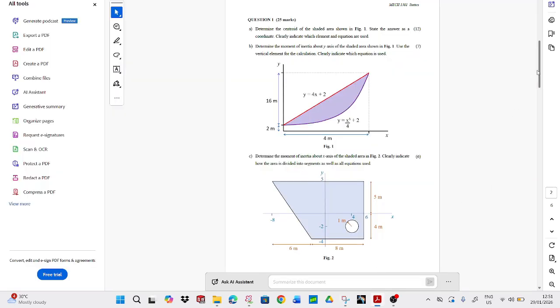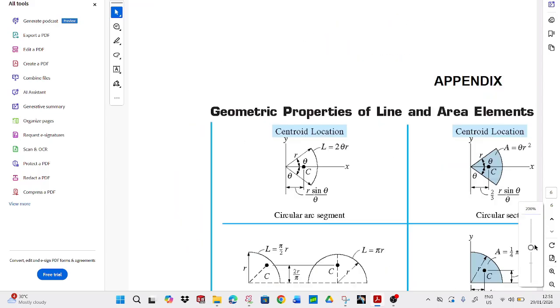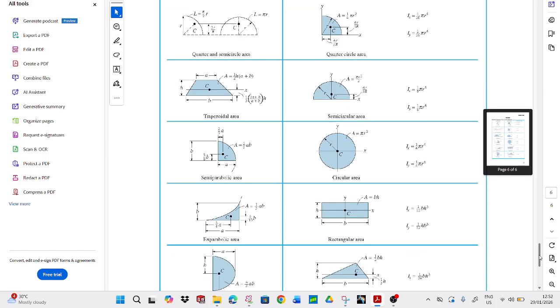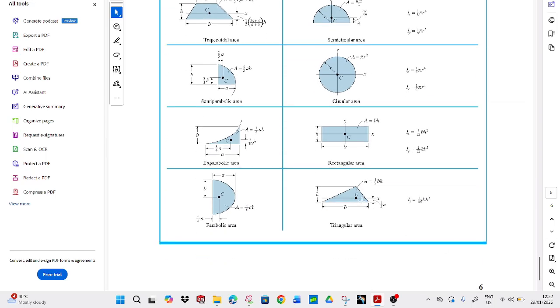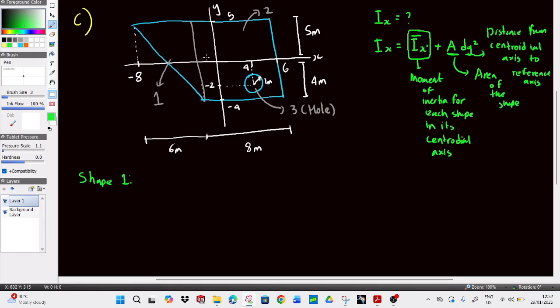For a triangle, the centroid is 1/3 of the perpendicular distance from the height. Because we want to put our reference axis, typically it's a good idea to put our reference axis at the centroid itself.